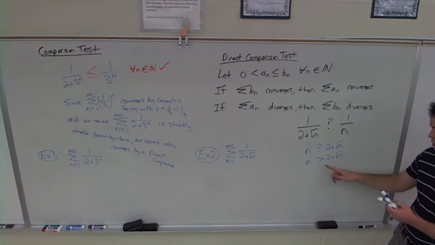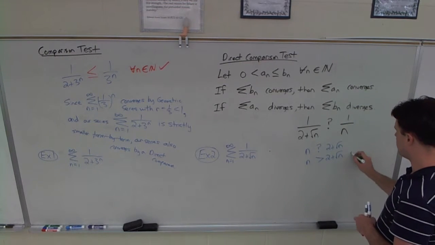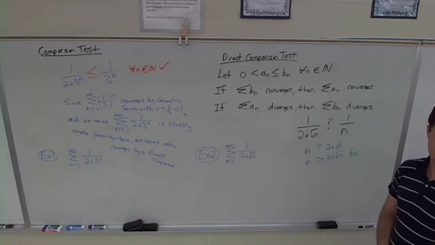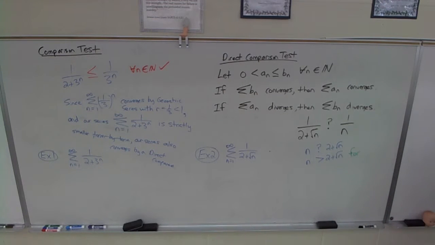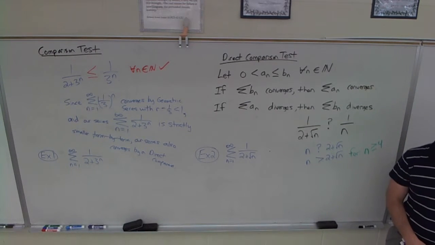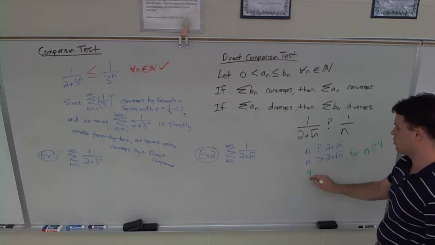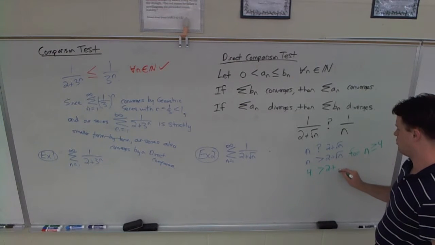So we're going to say that this is true for n is greater than or equal to 5. I think it's n is greater than or equal to 4. Isn't it? Because if you put 4 in here, it's 4 equals 4.